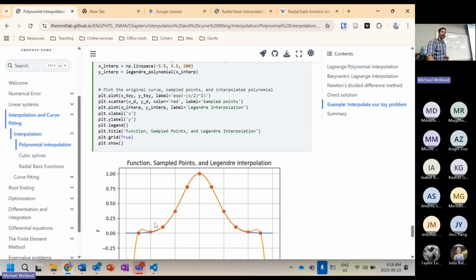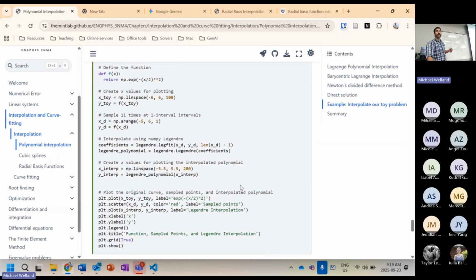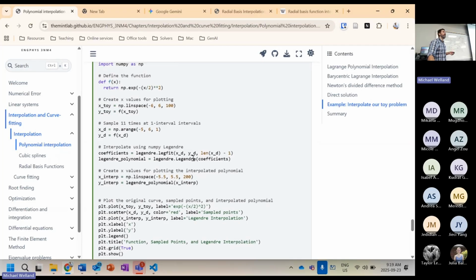When we take our nice toy problem, our nice Gaussian, we throw it in here. This is building the Vandermonde matrix, and then we're using the Legendre polynomial fit to work out these coefficients. Because all of these only ever result in the exact same polynomial, you can just use any of them.